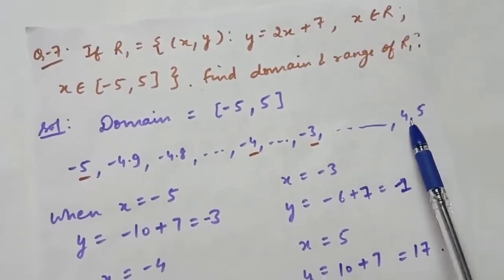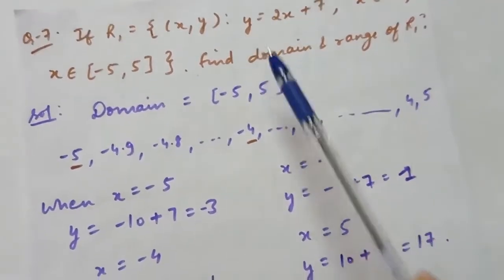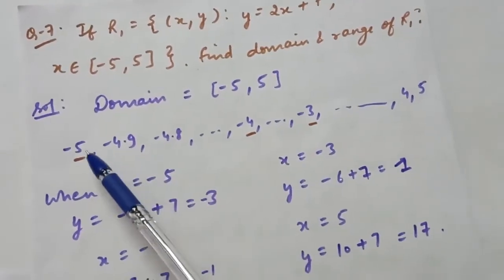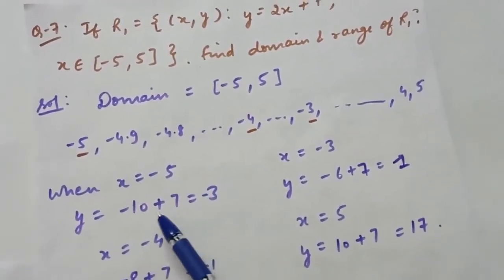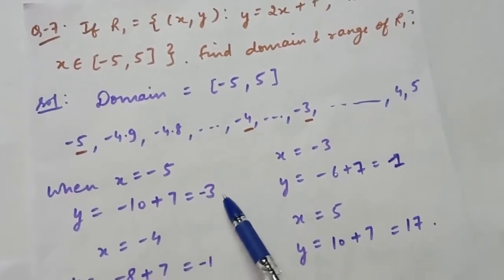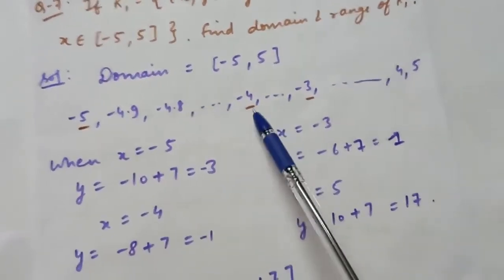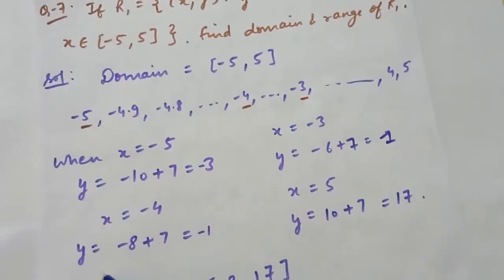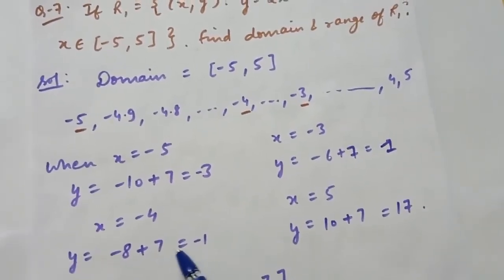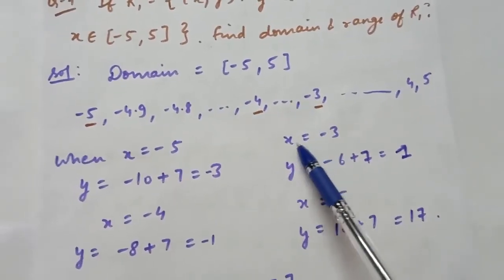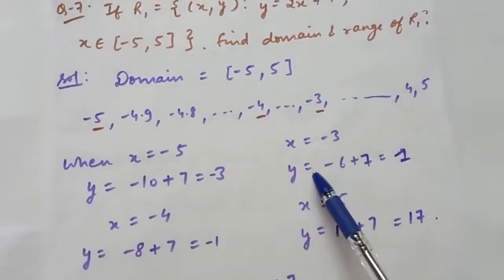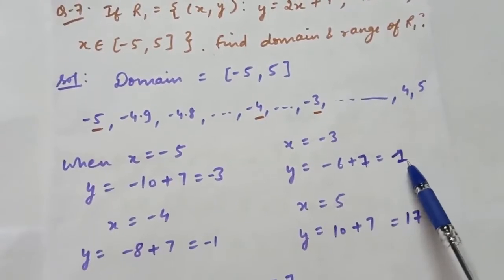We will calculate the value of y at integers only. Taking x equal to -5, you will get y as -10 plus 7, that is -3. Then at -4, y will be -8 plus 7, equal to -1. Then at x equal to -3, y will be -6 plus 7, that is 1.